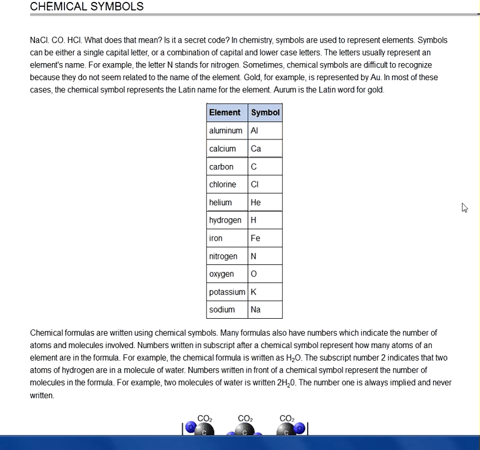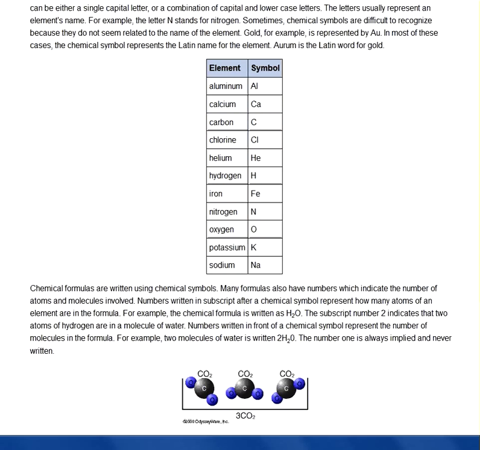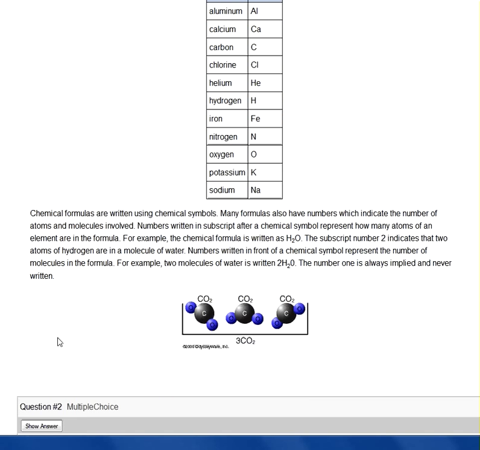Now let's continue on down here. I'm going to be switching over to the whiteboard just to go through a couple of things. Chemical formulas are written using the chemical symbols. Like most people know that H2O is water.